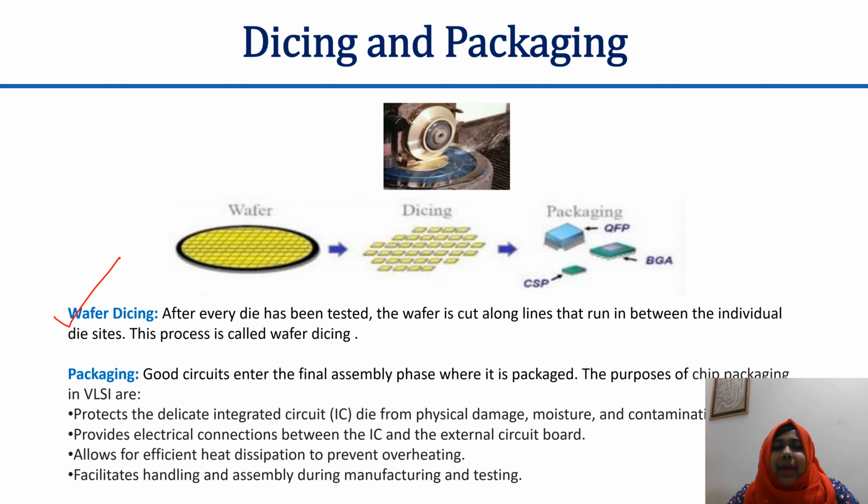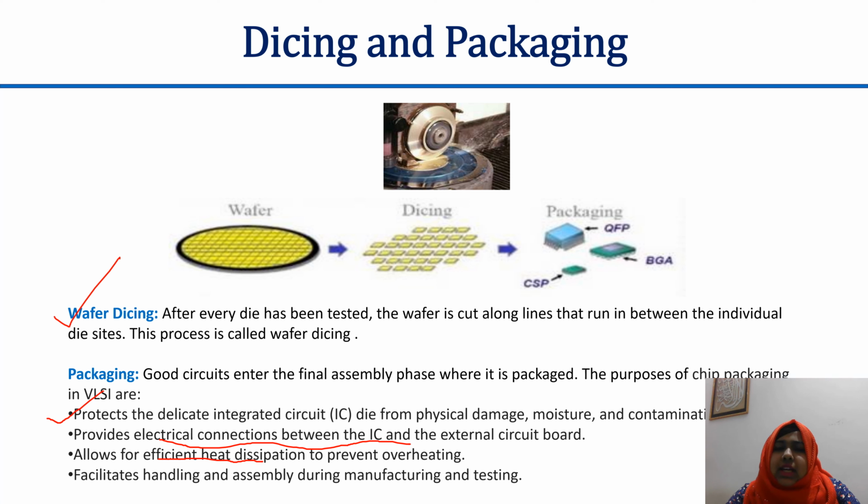Okay, then comes the packaging process. The circuits which are good enter the final assembly phase where they are packaged, and you can see the purposes of chip packaging in VLSI: it protects the delicate integrated chips, protects electrical connections between the IC and the external circuit board, and allows for efficient heat dissipation.